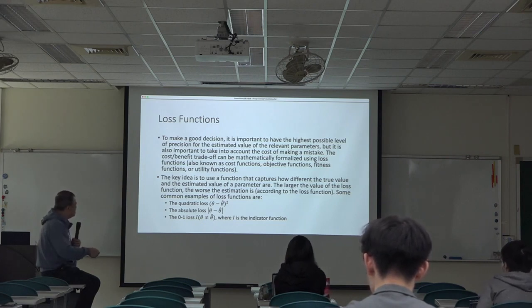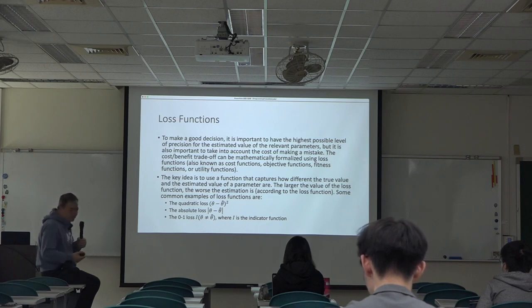The key idea is to use a function which captures how different the true value and the estimated value of the parameters are. The larger the value of the loss function, obviously the worse the estimated result is. For example, there are quadratic loss, absolute loss, or 0-1 loss.